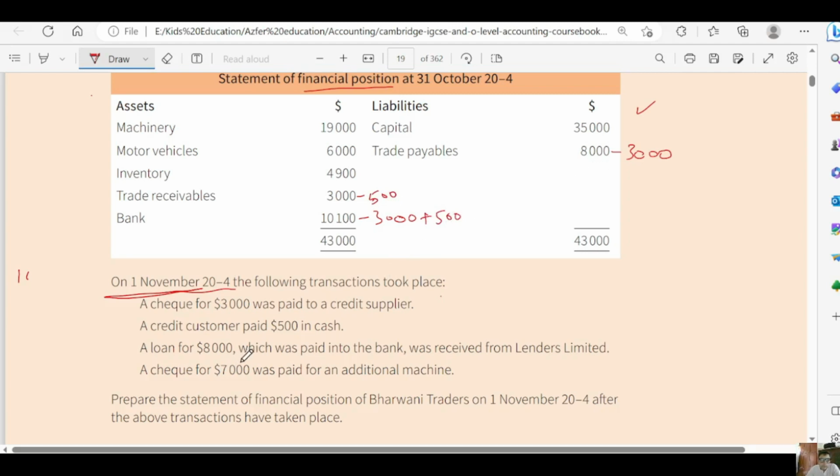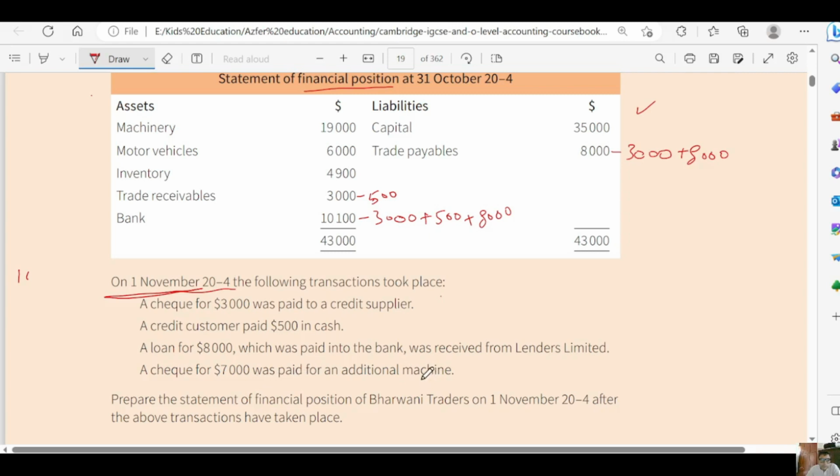A loan for 8,000 was received from lenders, so his bank account will increase by 8,000, but his liabilities will also increase by 8,000. A check for 7,000 was paid for an additional machine.